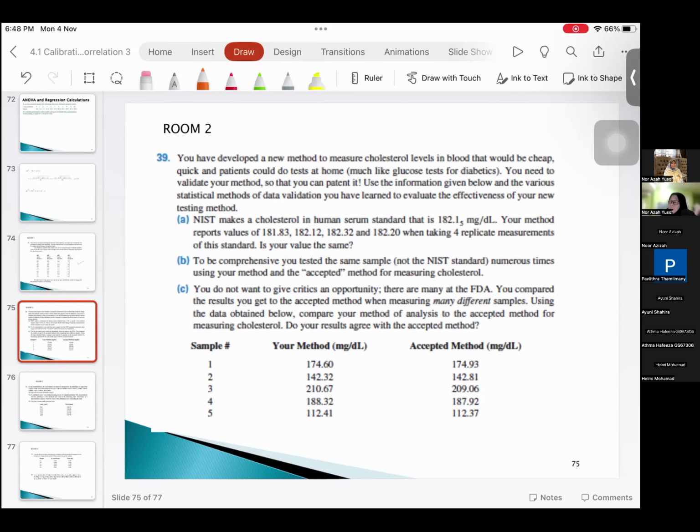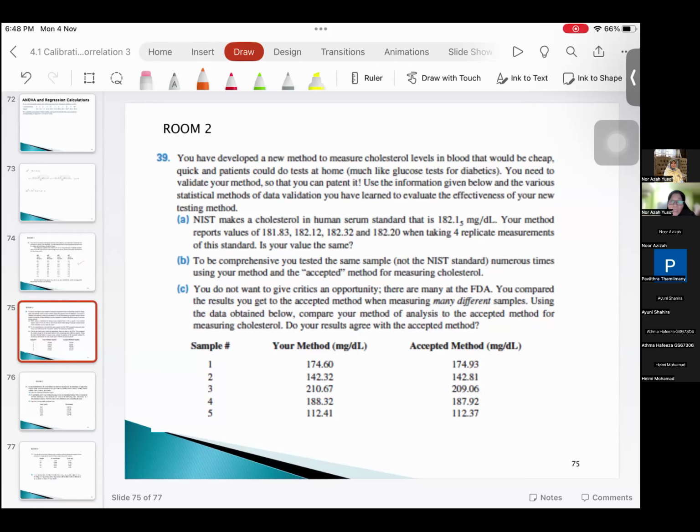Now it is based on you, what method you want to use. But this is based on, let's say, you are doing the analysis in the lab. Why do you need to do the F test first, or the Q test first, or the T test first before the calibration? Whatever you need to do before drawing the conclusion.